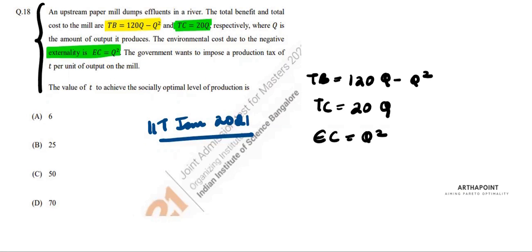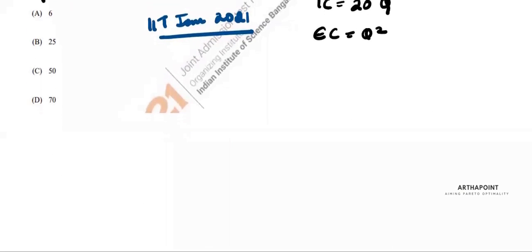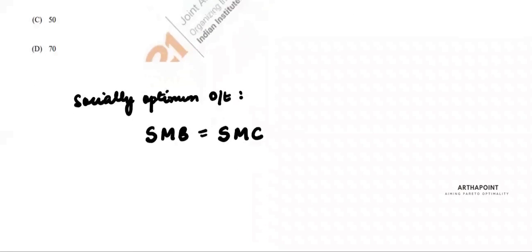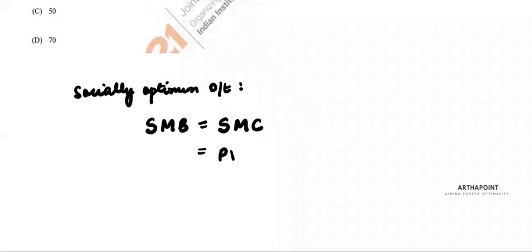Refer to our lecture that we covered on externalities and remember that socially optimum output is one where social marginal benefit is equal to social marginal cost. Social marginal cost is private marginal cost plus external cost.